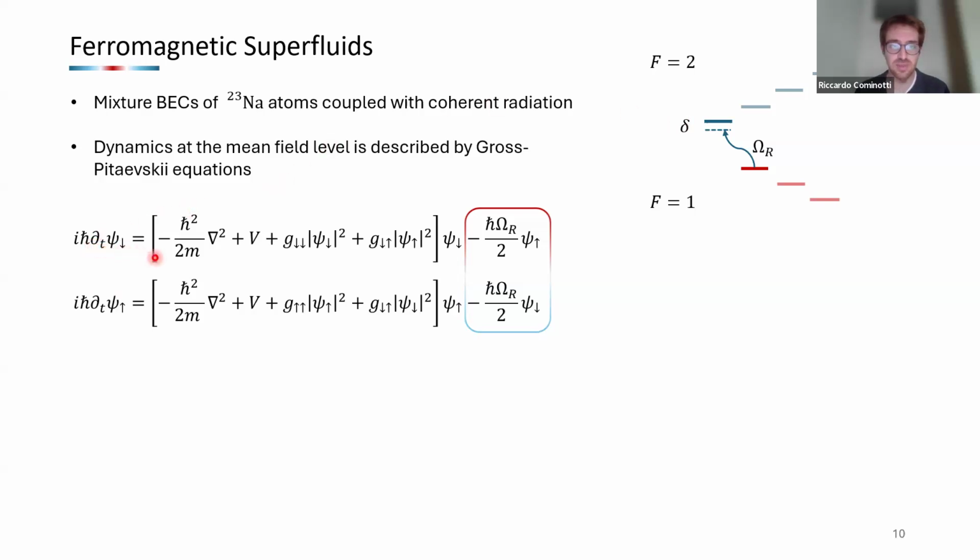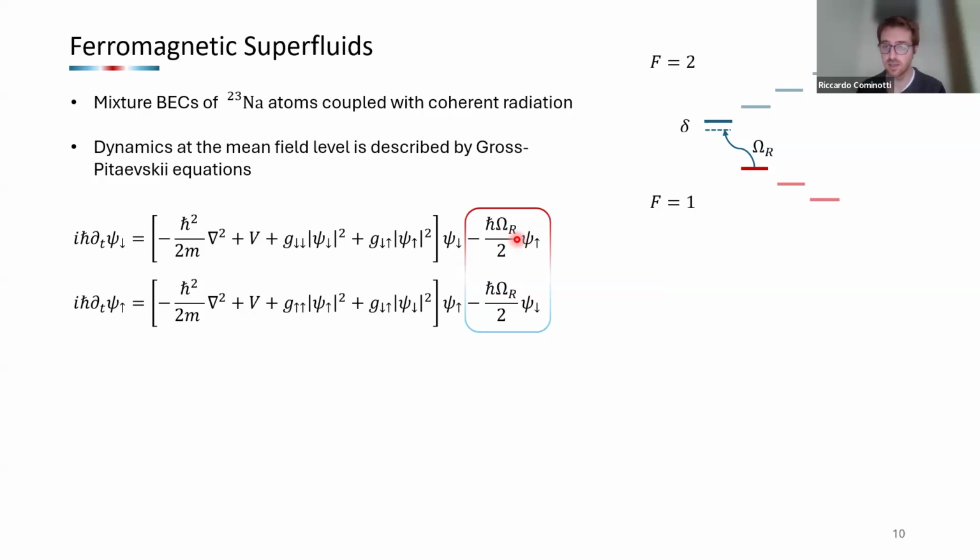Each order parameter evolves according to its Gross-Pitaevskii equation, so we have two different mean-field energies, which depend on the coupling constant. The two equations are coupled via the interspecies coupling constant, which arises from interactions between atoms from the two different states. And then we have the coupling term, whose role at first order is to interconvert particles from one state to the other.